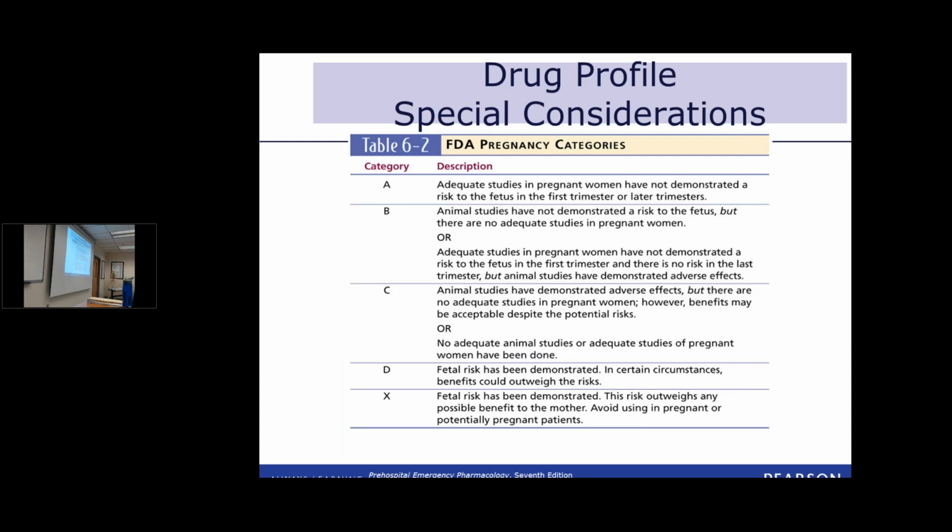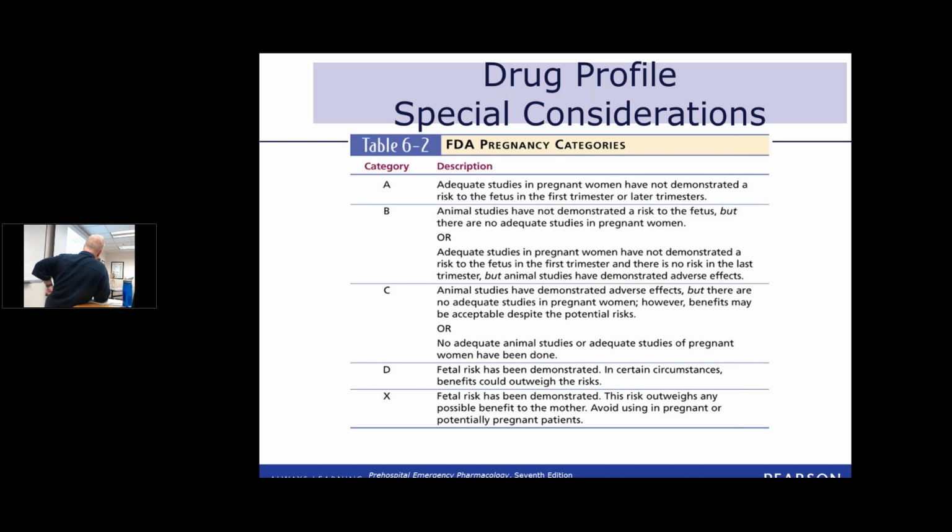This is what I was talking about with pregnancy. What you will see, and you don't have to memorize this, you don't have to put it into your memory bank, is that with pregnancy, in a lot of cases they end up doing animal studies along the way. But it's not adequate. Adequate studies in pregnant women have not demonstrated a risk to the fetus in the first trimester, and there's no risk in the last trimester.